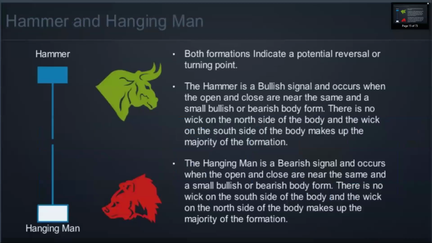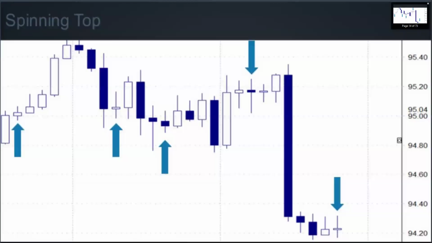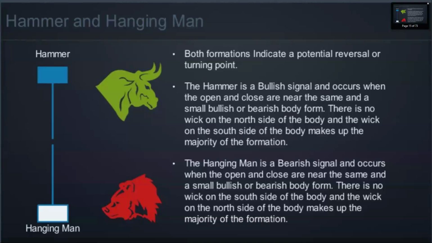Let's go back to where we were. So this is the indecision candlestick. Then this is the hammer. The hammer and hangman are two opposite types of candlestick formation. It indicates a potential reversal. It's a turning point.